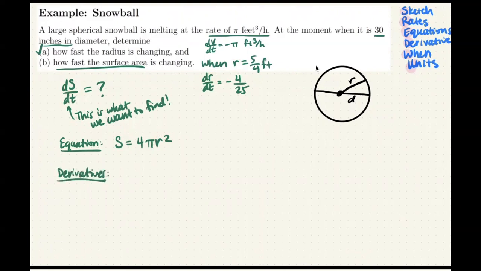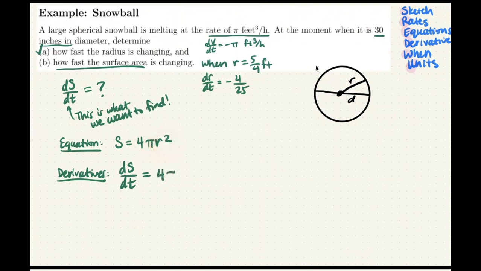Wherever I take a derivative of something that depends on time, like the surface area or the radius, I need to put the d variable dt next to it. The derivative of S here is 1, and then I need dS/dt next to it. 4 is a constant and pi is a constant, so when I take the derivative of this expression, I can just pull the constants out front and take the derivative of r squared.